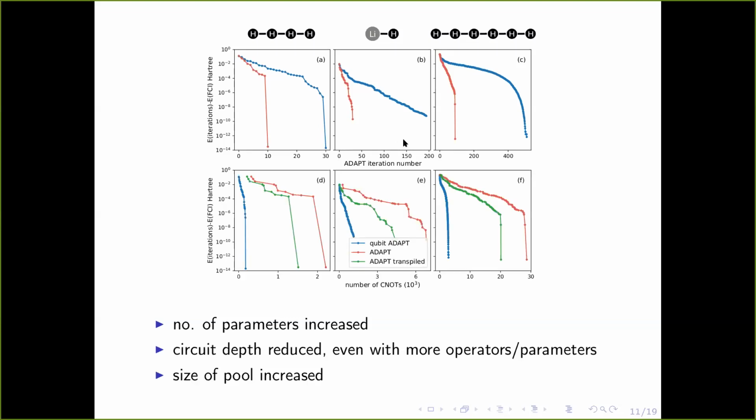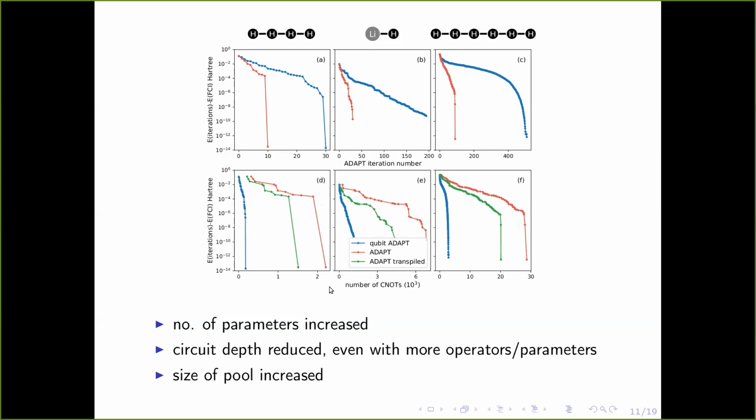But if we look at the number of CNOTs, which is the circuit depth, we see that the qubit-ADAPT can greatly reduce the circuit depth even though we have more parameters. The green curve is the transpiled result of the original ADAPT circuit.